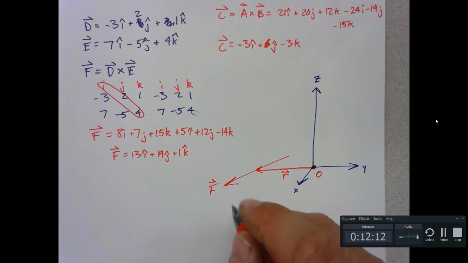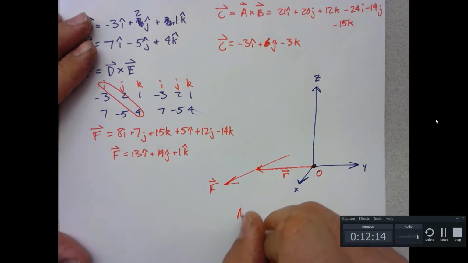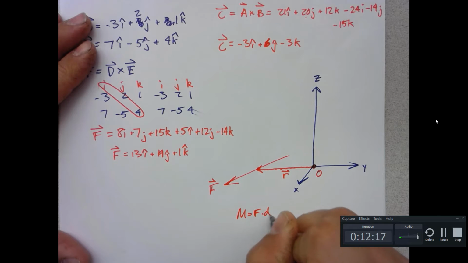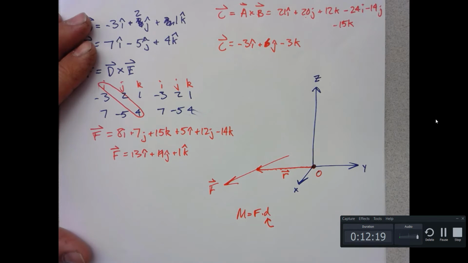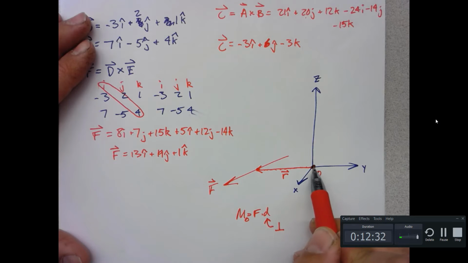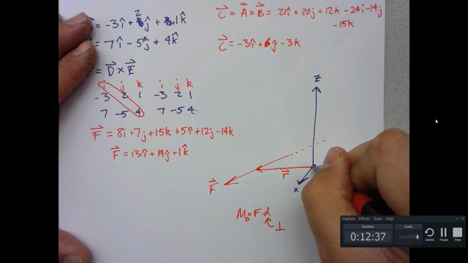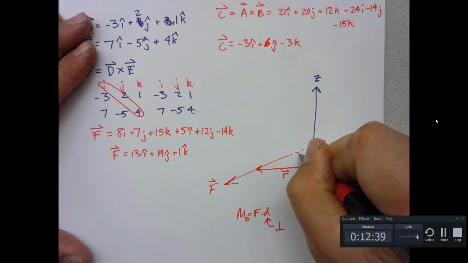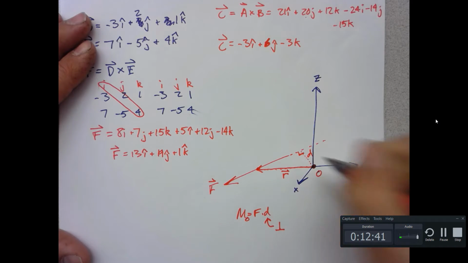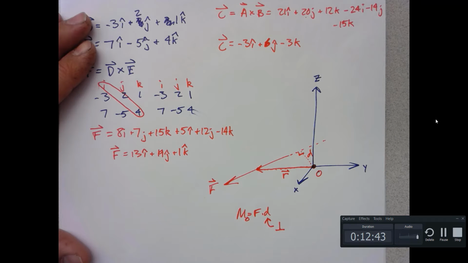Now, recall that a moment is equal to a force times the distance. And what's important about that distance? Yeah, Rebecca's got it. It's the perpendicular distance from the point of interest. So from O to the line of action of the force. So that's really actually going to be someplace back here. This is the D we're interested in. Agreed?